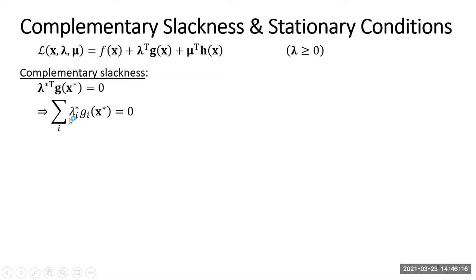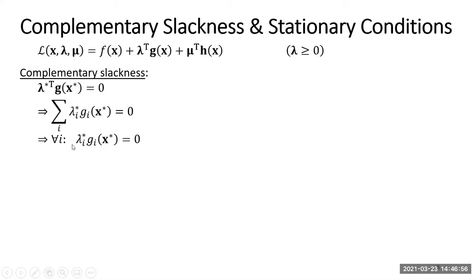So what can you say about each term, lambda i star g i of x star? The two factors, lambda and g, are of opposite signs. This is less than or equal to 0, and this is greater than or equal to 0. So the product must be less than or equal to 0, right? Now, when I say that this summation is equal to 0, each term is less than or equal to 0. So when will their summation be equal to 0? When each term separately is equal to 0.